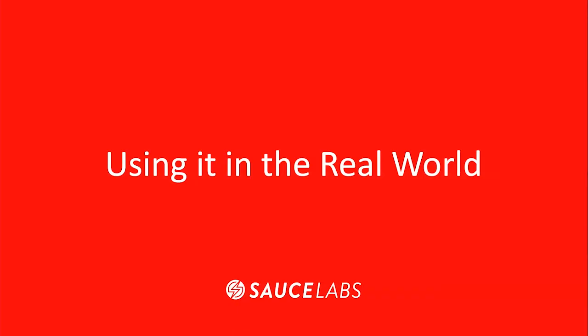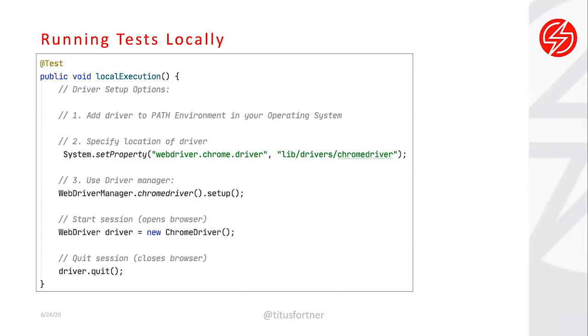All right, so that's great and all, but it's not really what you do in the real world. So let's start with figuring out how do you just run a test locally. One of the things that you have to deal with when you're running locally is the driver. The browser version and the driver version have to be managed together.